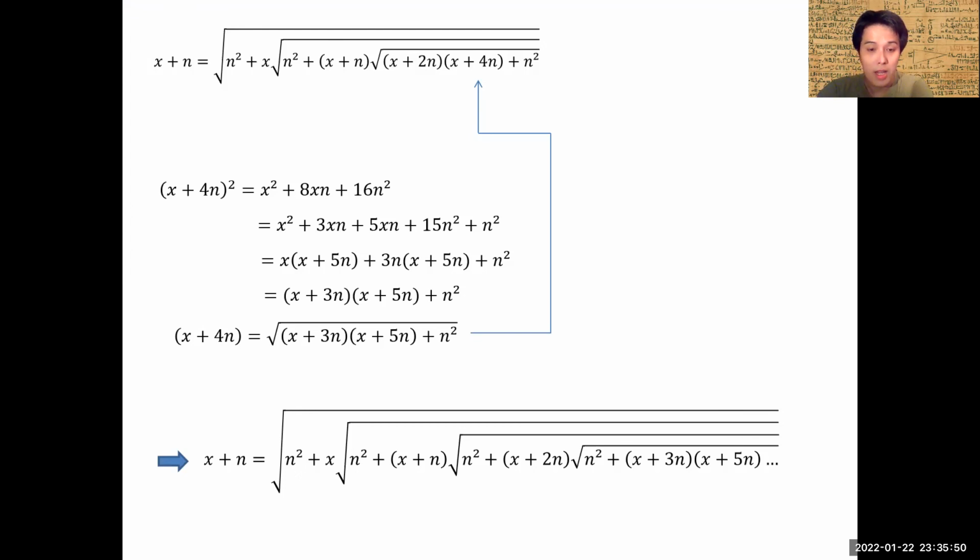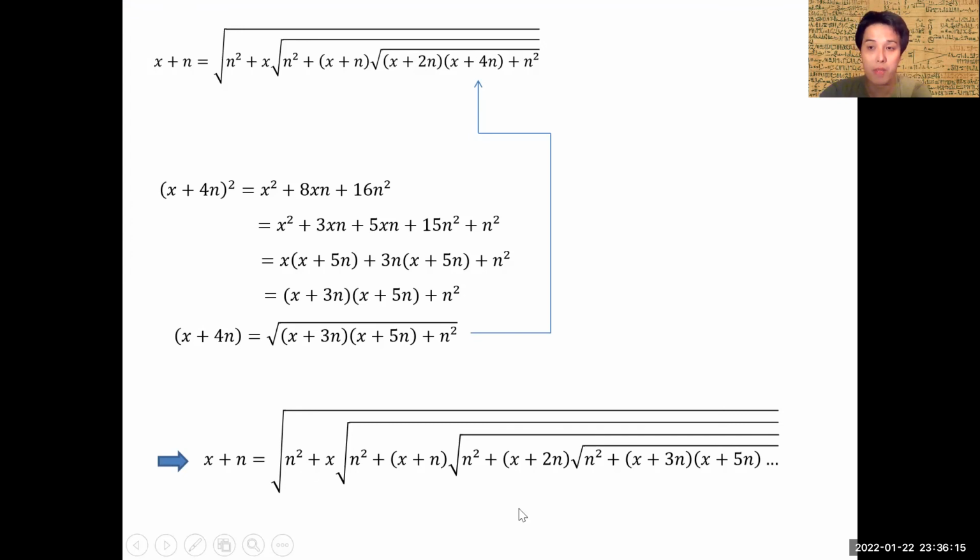And so on. n squared in every term, notice we will also have this n squared inside the radical. So this whole thing, if I let it be a certain value, don't you think it will be a constant? So this is the general algebraical form of the nested radical of x plus n.